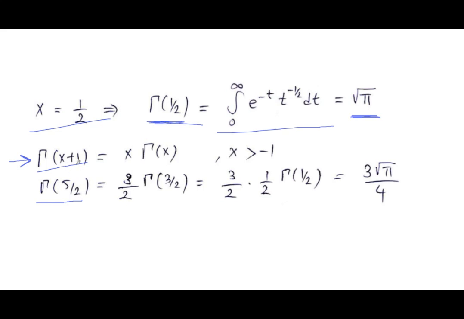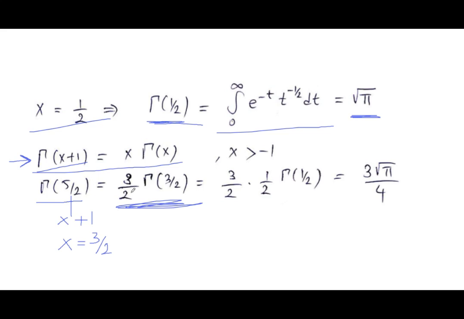So for example, if this is our x plus 1, this means our x in this case is 3 over 2. So we can rewrite this in terms of 3 over 2. So using this property, we are able to write this expression in terms of 3 over 2.